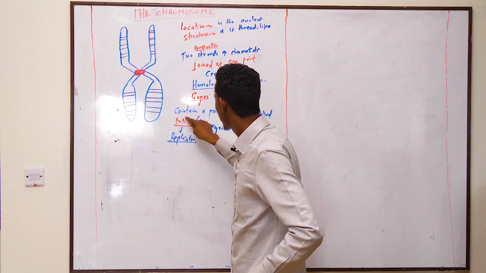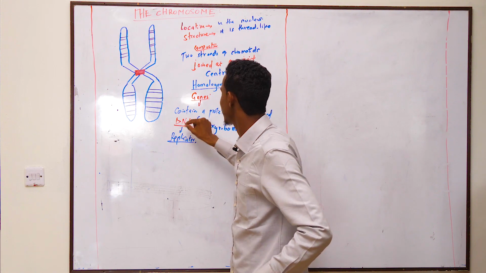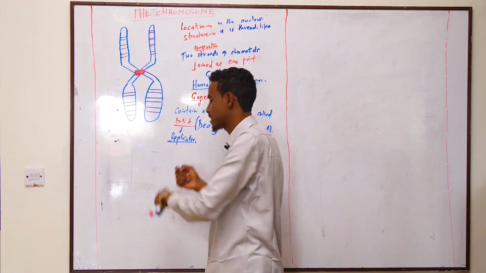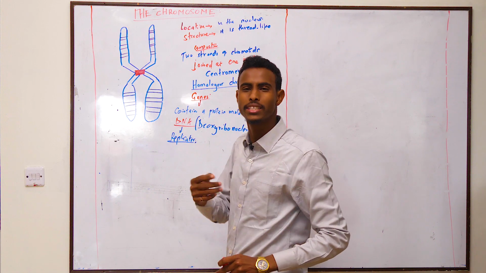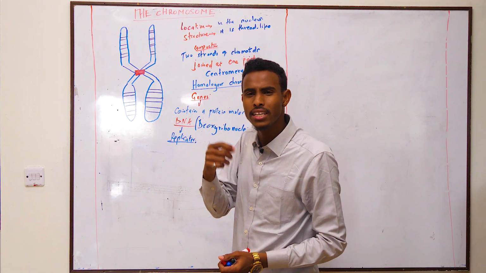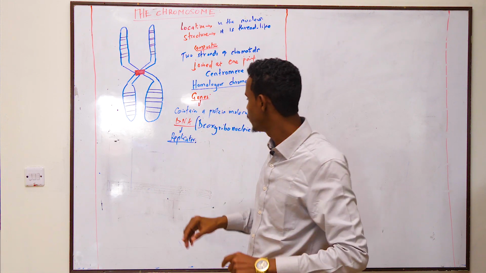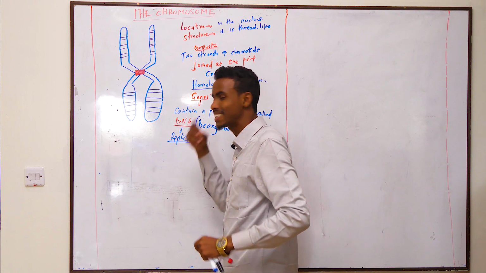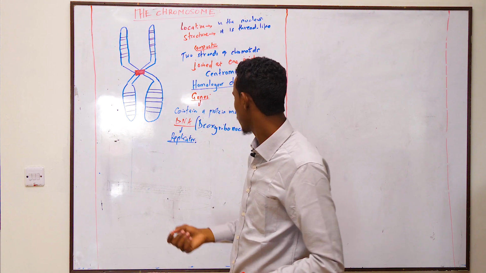Another very important thing that you need to understand about the DNA is that the DNA contains some coded information for a specific instruction that dictates a particular characteristic.